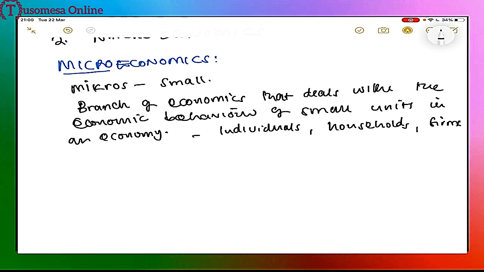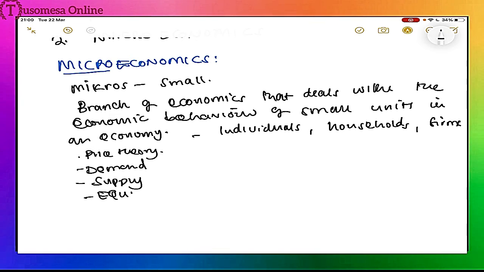The topics we are going to have there are going to be price theory. We're going to look at demand, and you'll see supply. We'll talk about the equilibrium points. We'll go to the production theory.